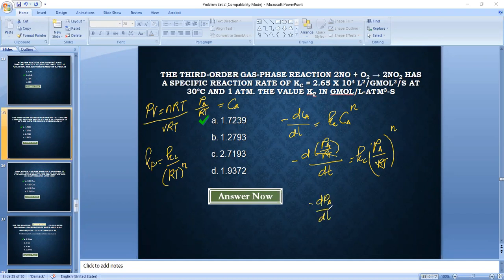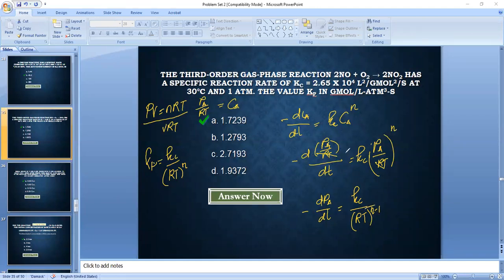So this is what I mean that you have a gaseous reaction and the rate is not in terms of concentration but the rate of change of the partial pressure. In this side, you will have K sub C over RT, I already took one, so this would be RT, this time raised to n minus 1.